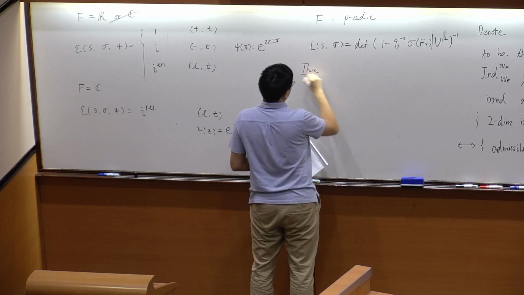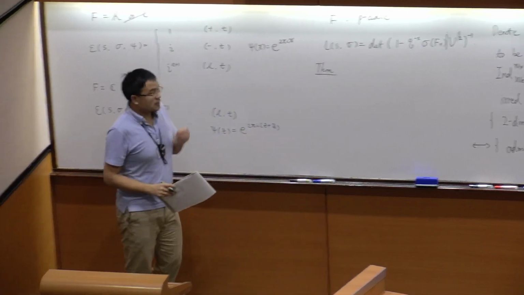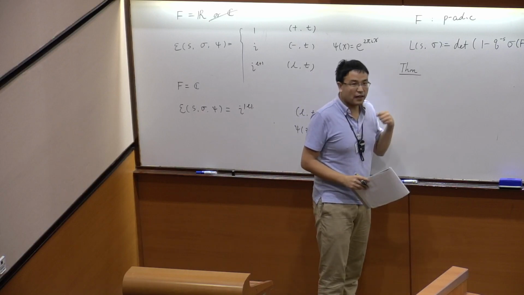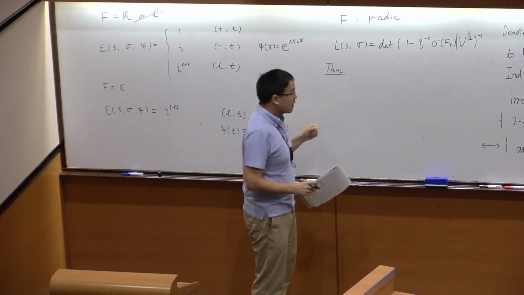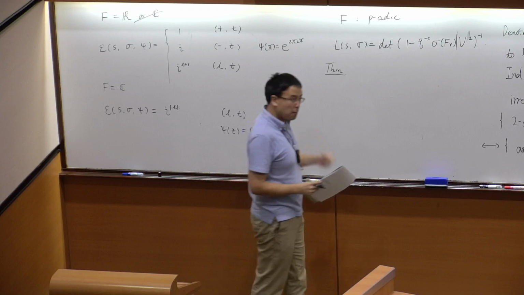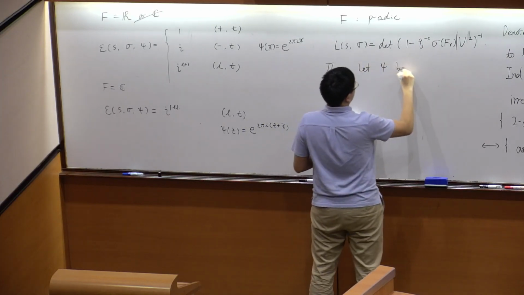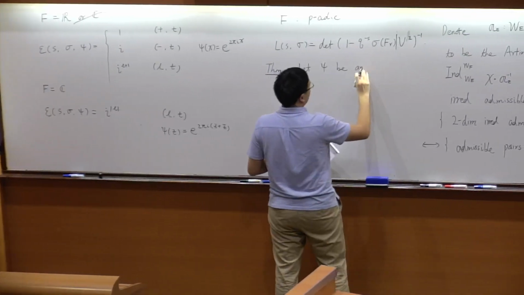And for the epsilon factors, the definition is given by the following existence theorem. So we're going to fix an additive character. Let's take psi to be a non-trivial additive character.